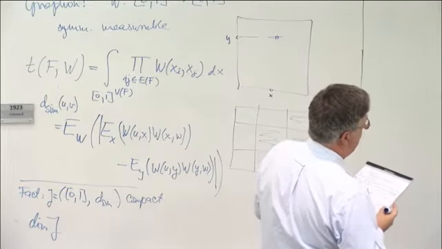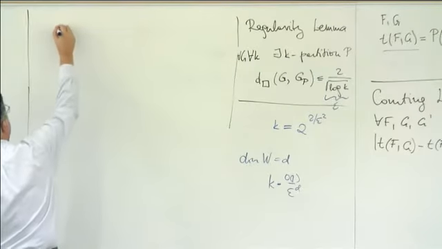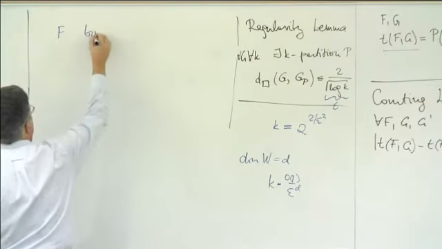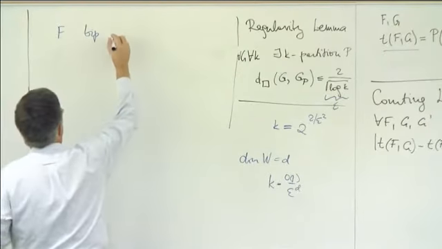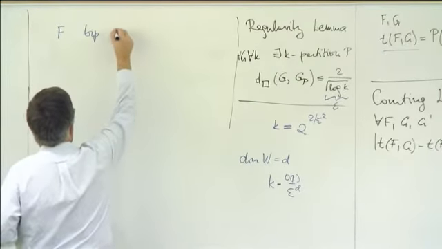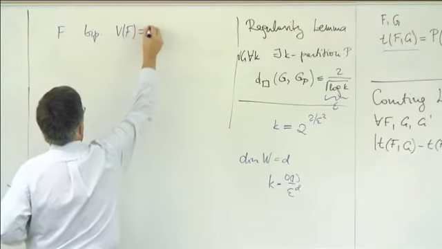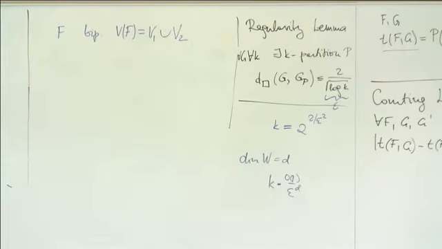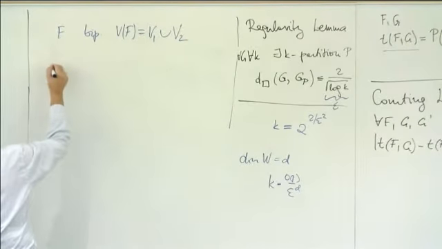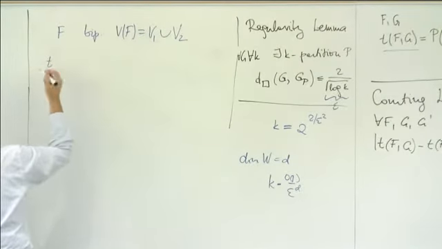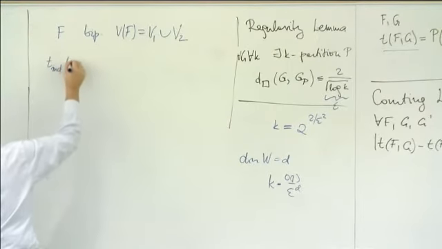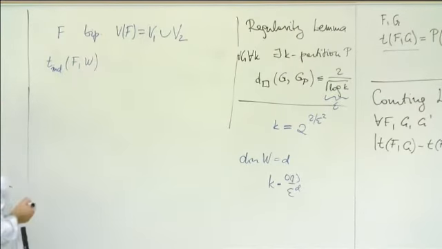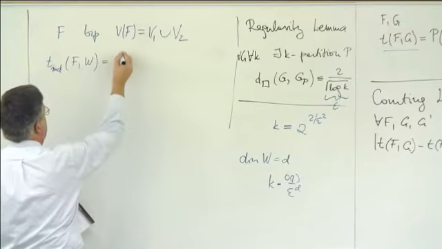So suppose that F is a bipartite graph with bipartition V1 union V2. Now, we can define some sort of induced density of F in W. Okay, let me write up the formula.